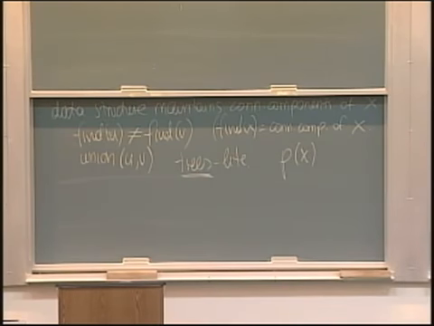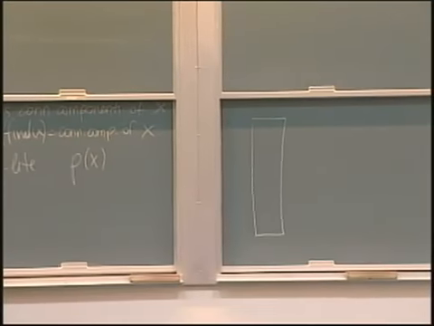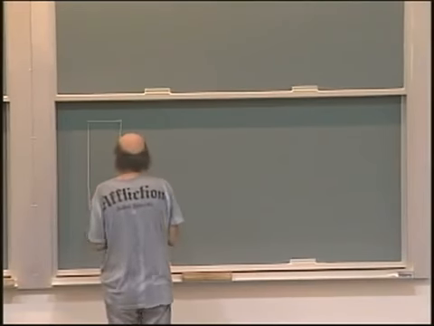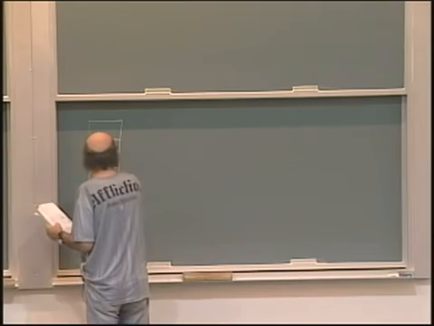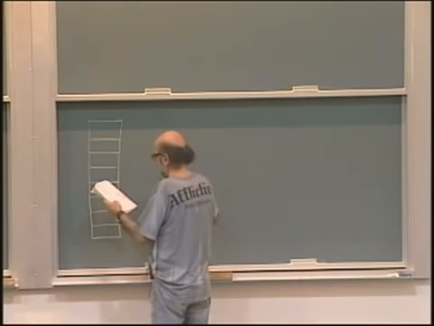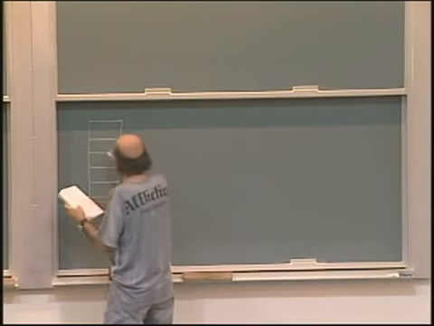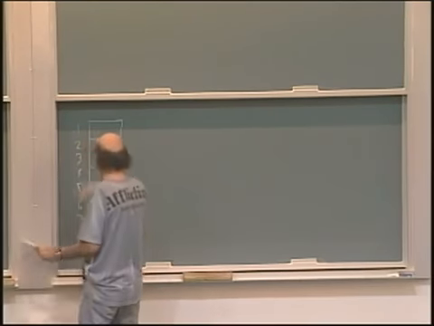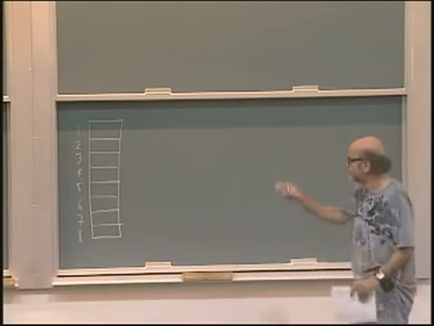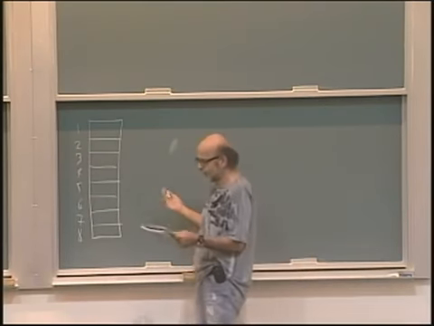And so where does P of x point? Here's an idea. Imagine that this is our array of pointers. So here is a bunch of nodes, a graph with 8 nodes.